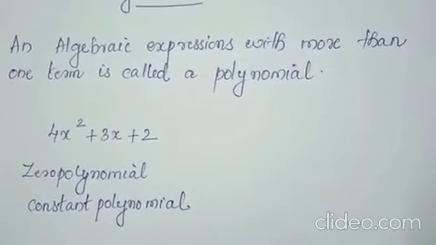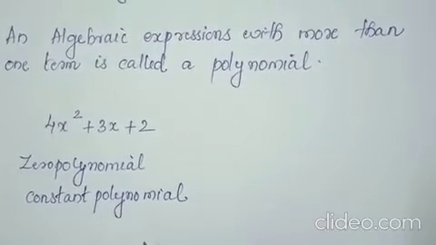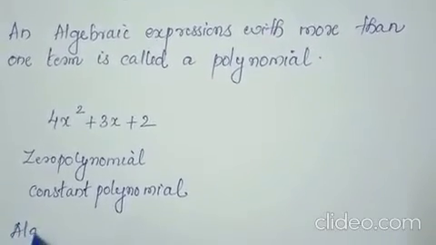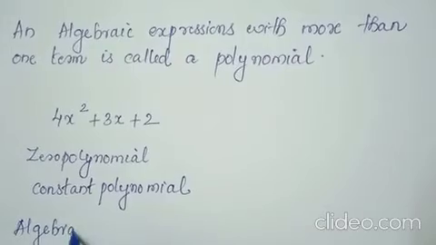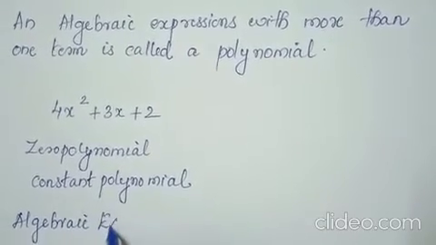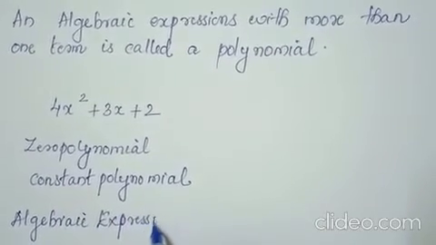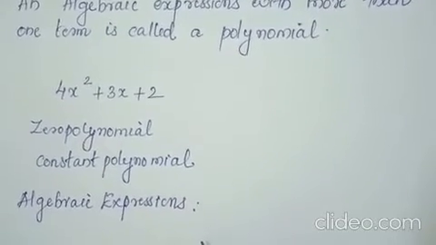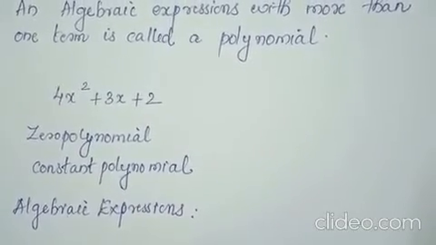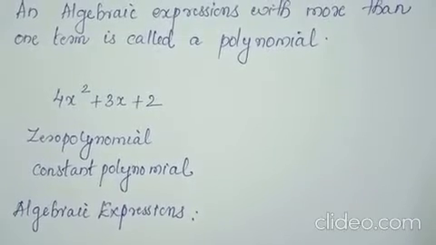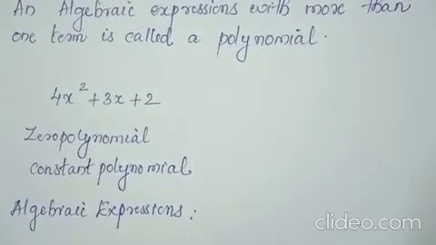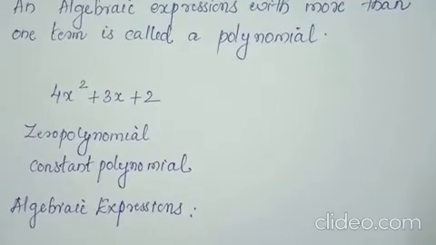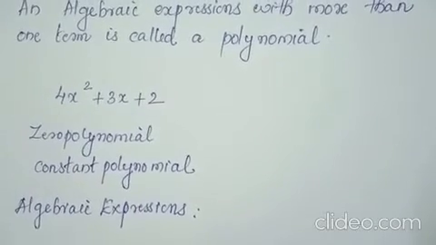Then in this chapter we will study algebraic expressions. What is an algebraic expression? As we studied in the earlier classes, an algebraic expression is a combination of terms connected by the operations of addition, subtraction, multiplication and division.